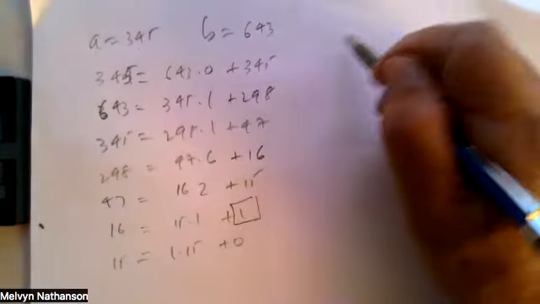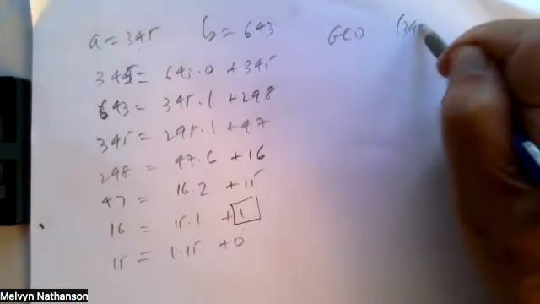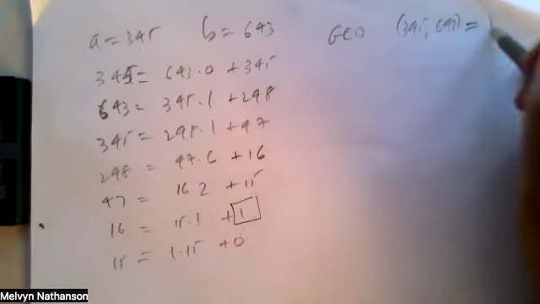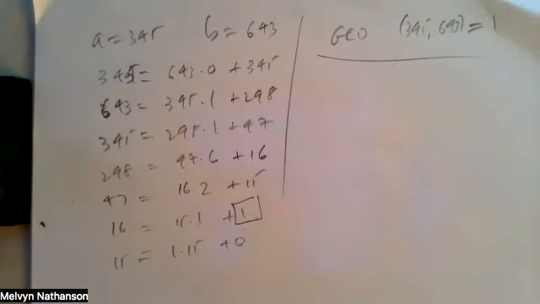Therefore, the GCD of 345 and 643 is equal to 1. Okay? So just go through carefully what I did and make sure it's okay.